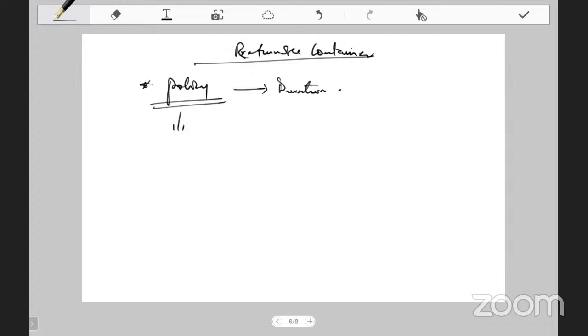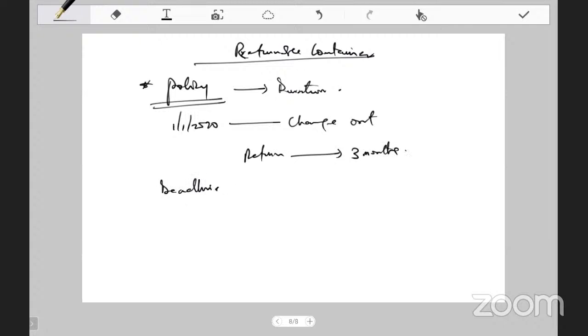If you are told that on 1st January 2020 you went to collect a particular container, charged out, and you are told that it is to be returned in 3 months, class, what will be the deadline in which this container must be returned? 3 months? What will be the deadline, please? 31st of March 2020. Thank you.